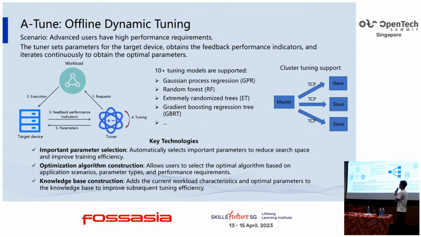It can allow users to select the optimal algorithm based on application scenarios, parameter types, and performance requirements. The third one is knowledge base construction. We can add the current workload characteristics and the optimal parameters to the knowledge base to improve subsequent tuning efficiency.